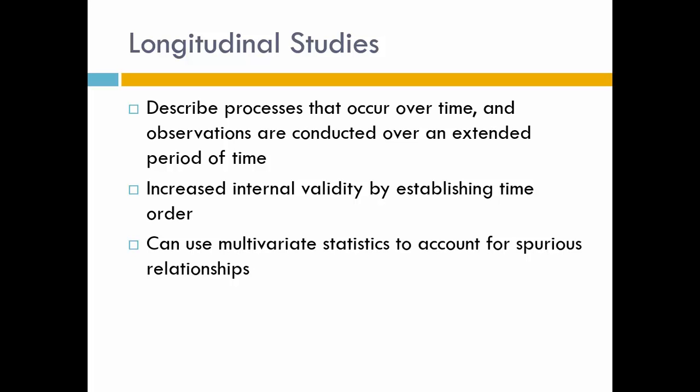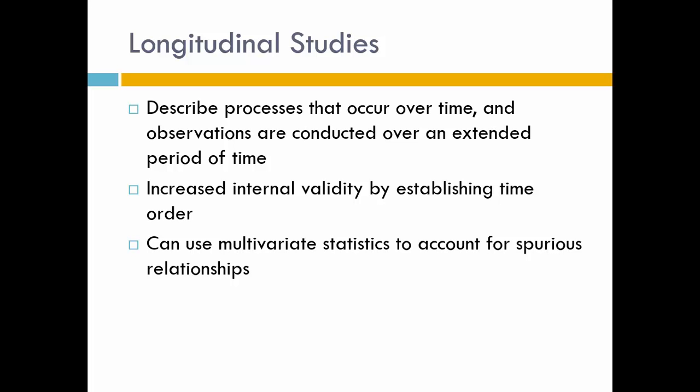A longitudinal study describes a process that occurs over time, and observations are conducted over an extended period of time. So this increases the internal validity by establishing a timeline. Remember, we talked about one of the threats to internal validity is ambiguity about which variable came first, right? If we do a longitudinal study, we can control for that. We know which variable came first because we have this time period to look at.